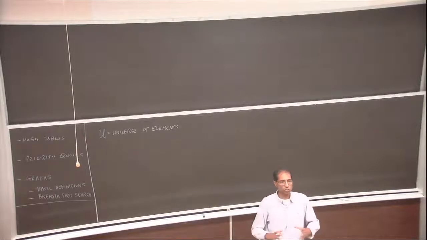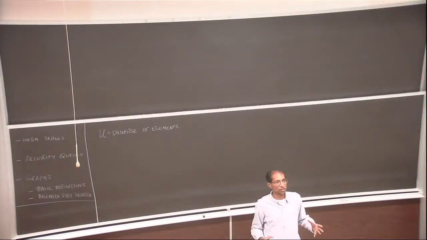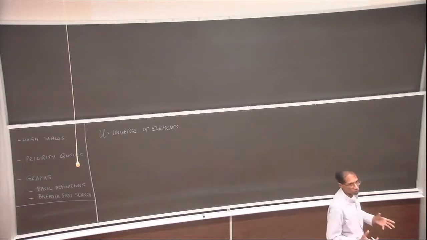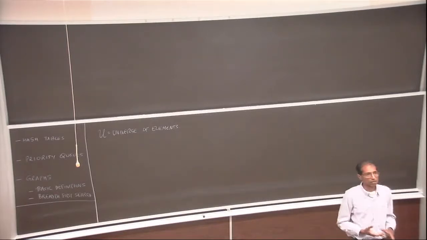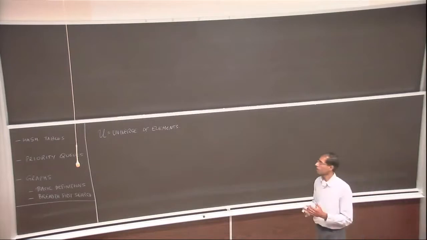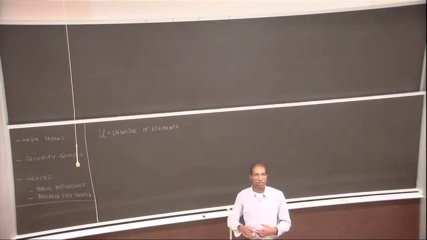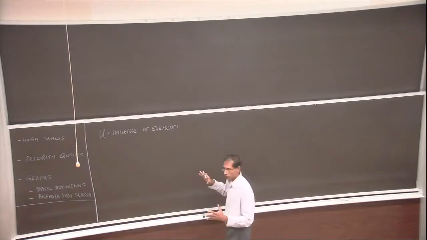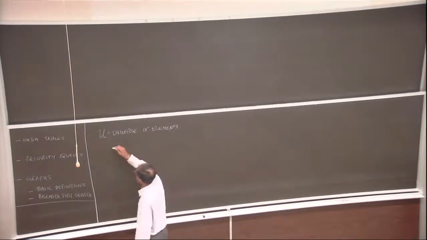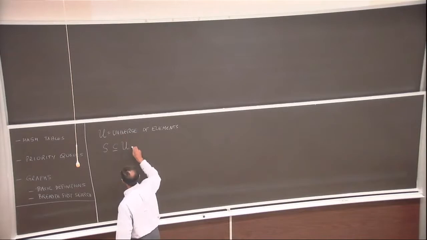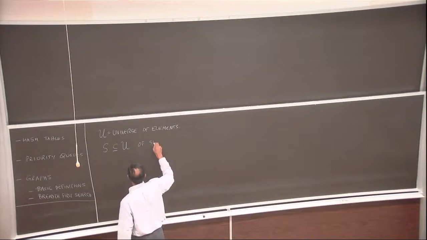It's much bigger than the set of elements you actually want to manage. So this universe could be running in trillions. I mean, the size of the universe could be all possible 128-bit integers or anything like that. So this universe is very large, but you're storing a large set inside that. So S is a subset of the universe, which is of size n.